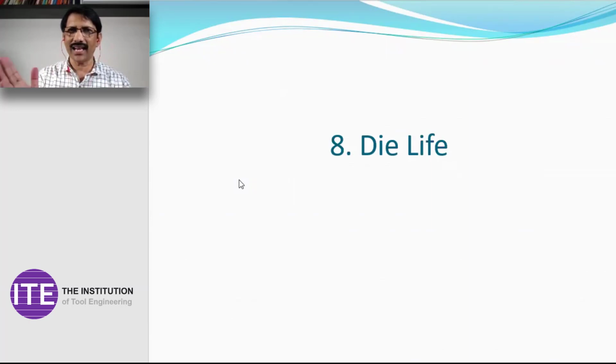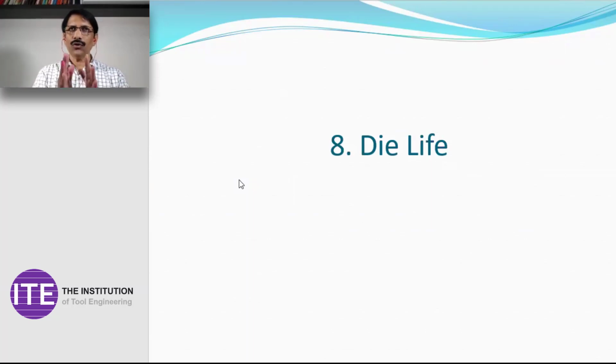That is called die life, not number of years. Like you are designing a car and we say tire life, right? Tire life is not related to number of years. It is related to the number of kilometers you are running the vehicle. Around 40,000 running is over, then generally you need to change the tire.